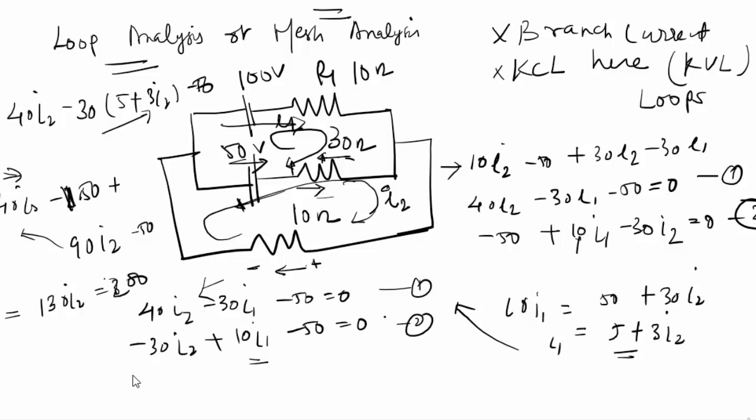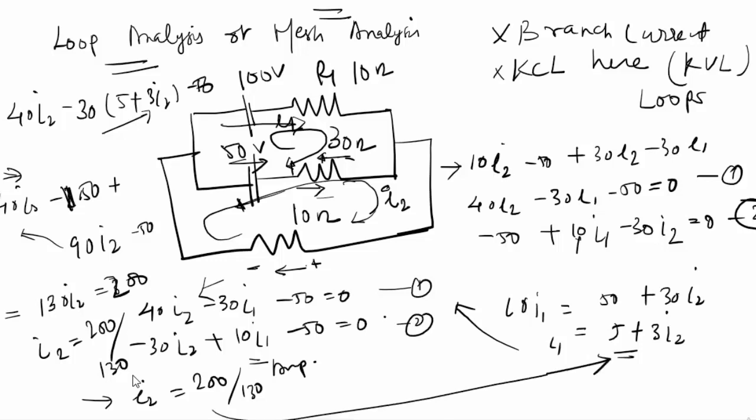This is just a problem which I formulated myself, so the answer will not round up. It will become 200 divided by 130, which is the value of your I2. So I2 is equal to 200 divided by 130 amperes. And once you have your I2, you can substitute it into this equation and you will find I1.